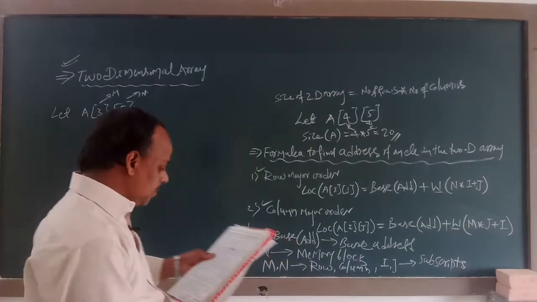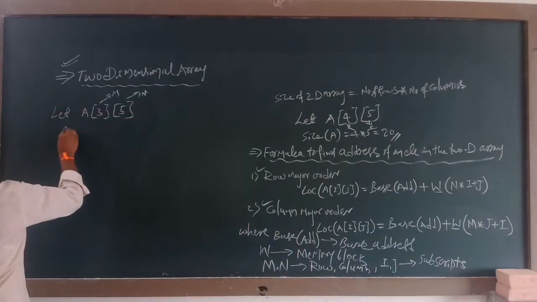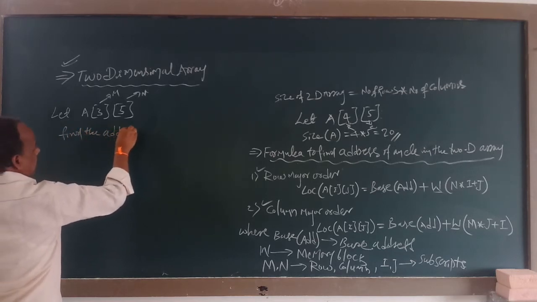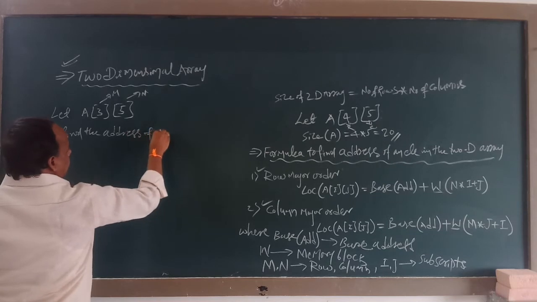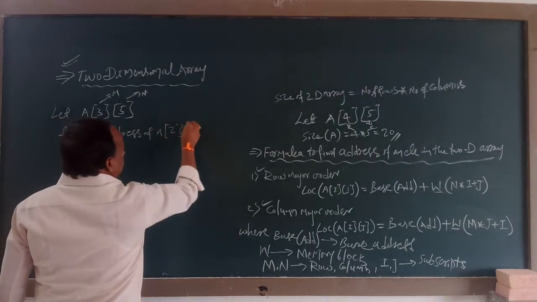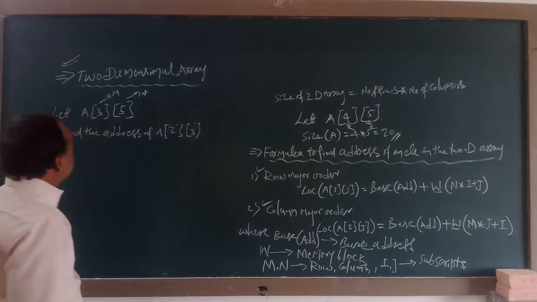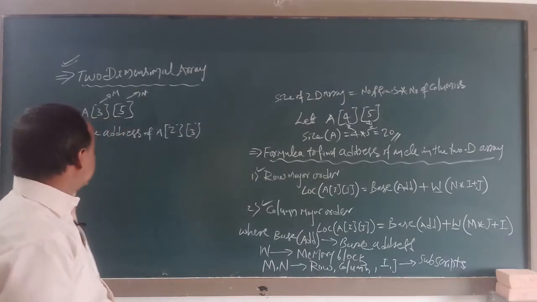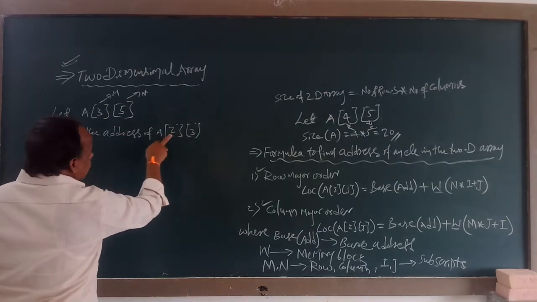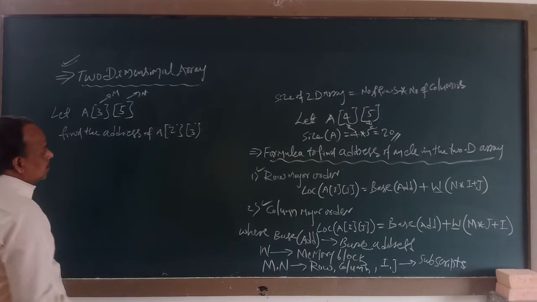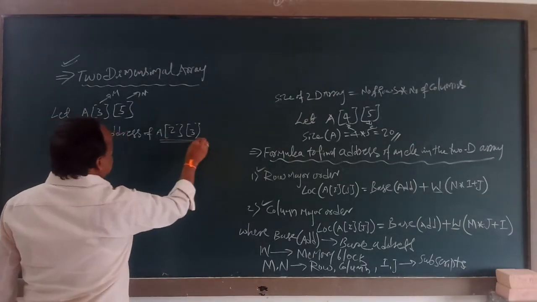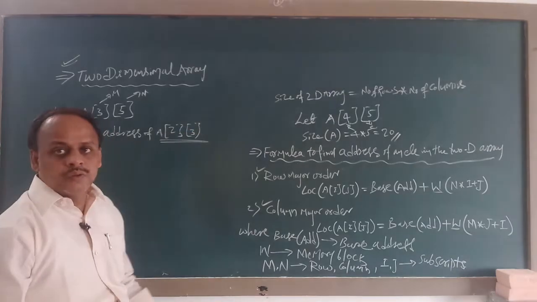Find the address of A of 2, 3. That means second row, third element, so we have to find the address of this location.